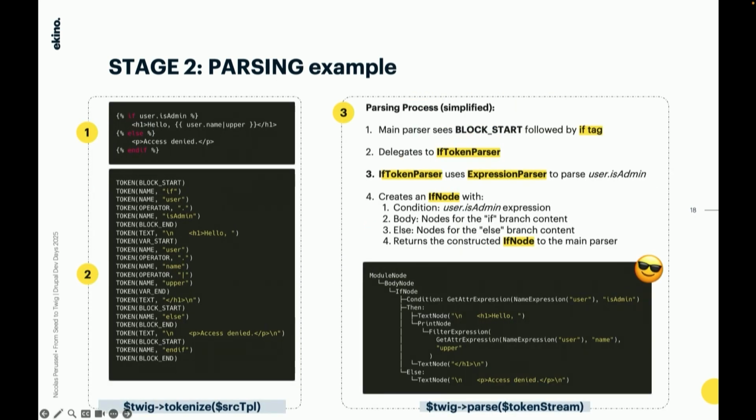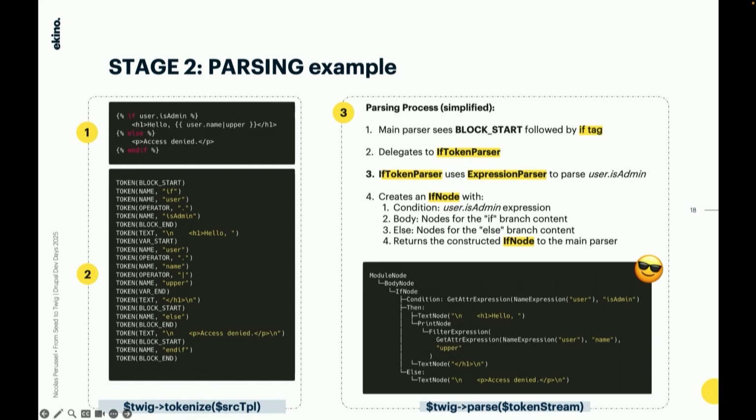Here is an example of how it's converted during the process. We have an easy template, okay, a very simple example of a Twig template. Second, when we call the Twig tokenize method, we have a token stream, which is represented in the second image. And after, we iterate on each token to produce an AST with dedicated nodes.